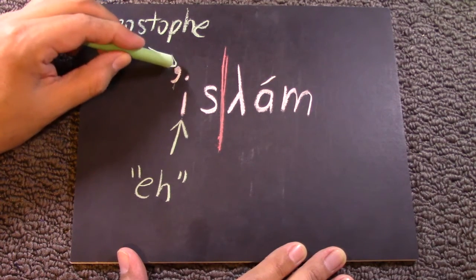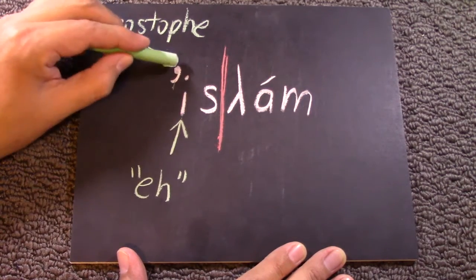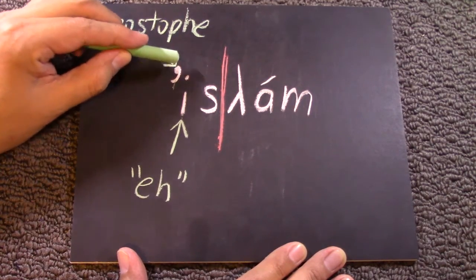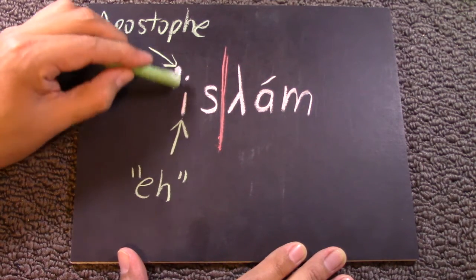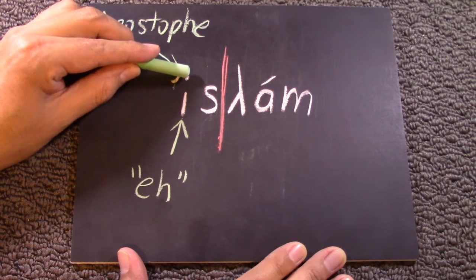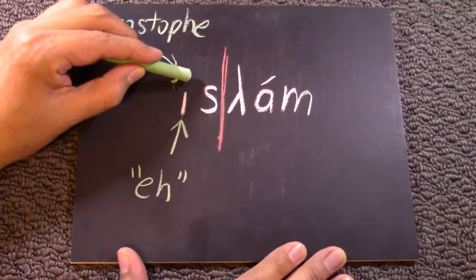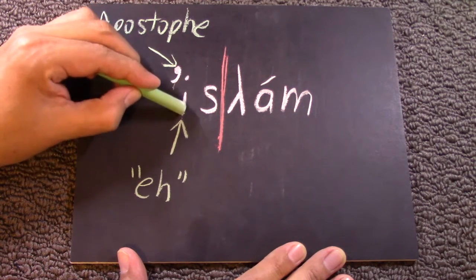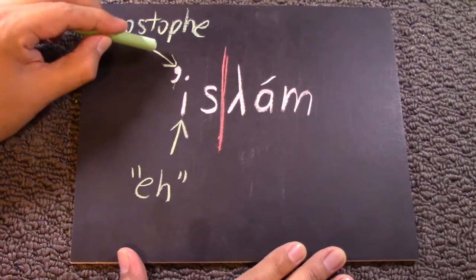And also, the other purpose that this apostrophe serves is it stands in as a consonant. One important aspect of the xa'isla language to remember is that xa'isla words do not start with vowels. So we wouldn't be able to write this starting with an I. We'd have to have something in front of it. So that's why the apostrophe is there.